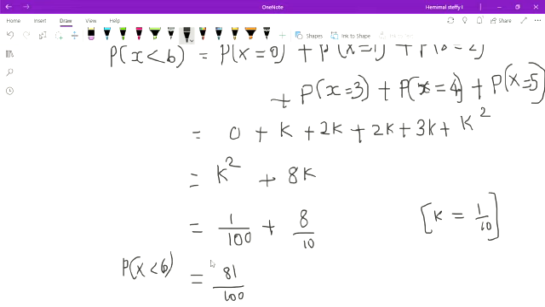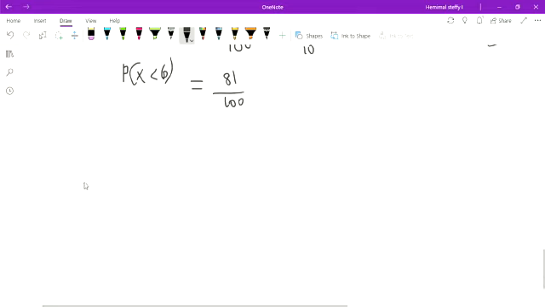Okay. Then next I am going to find the probability of X greater than or equal to 6. Greater than or equal to 6 means don't take 0, 1, 2, 3, 4, 5.